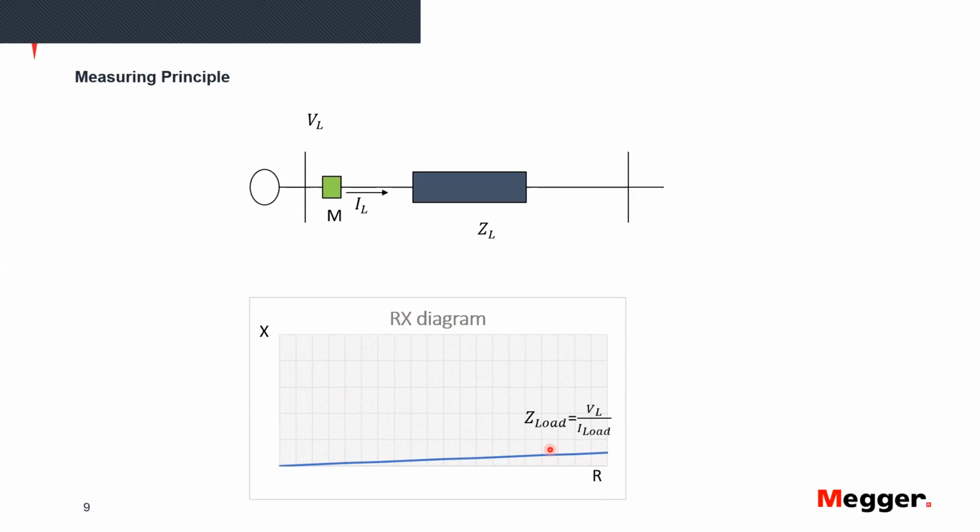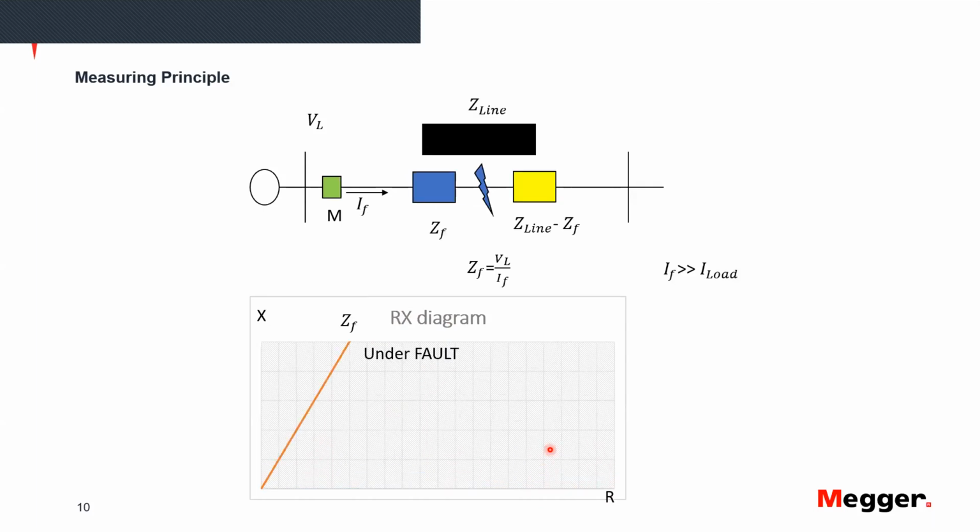Now, when we have a fault, however, since the impedance of lines is mostly dependent on the reactance of the line, and because of what I said before, that the current at the moment of the fault is much greater than the current of the load, and that's one of the reasons why we have to protect against that, because the line is not designed to withstand that much current during a long period of time.